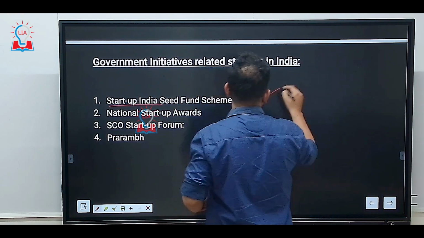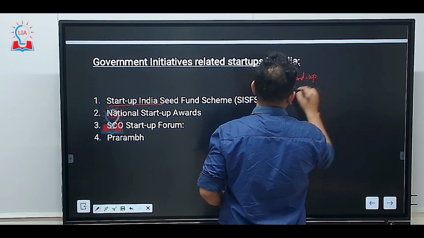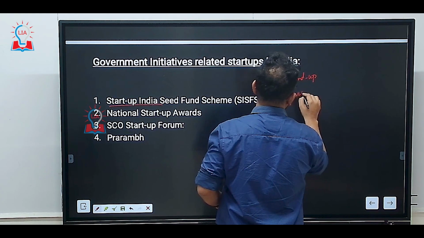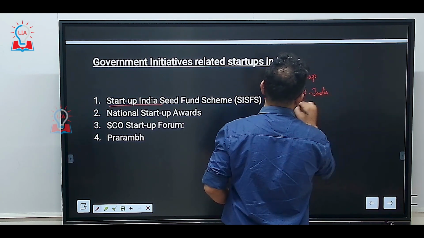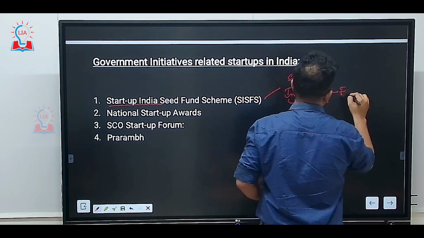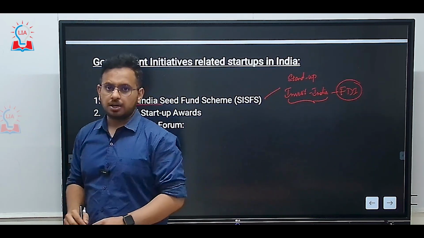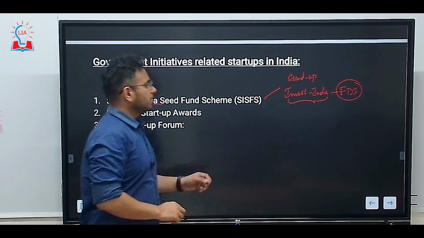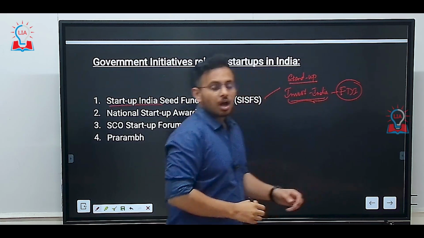Along with Startup India, we also came out with Stand Up India and Invest India. See, Invest India is a scheme to attract foreign direct investment into India's manufacturing and the startup sector. Okay, so these are some of the important schemes that were launched: Startup India, Stand Up India, Invest India.